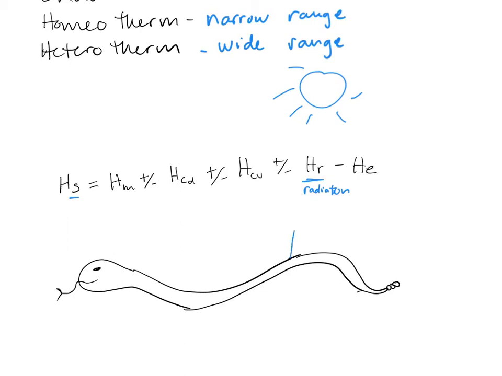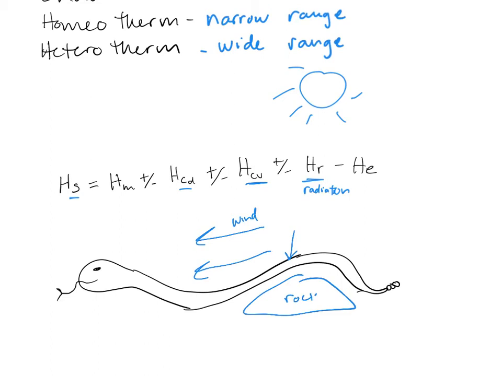So it's direct particles warming up an organism. Convection is the wind. The air is heated up, and as that passes over an organism, it can absorb or release heat. And conduction, that is touching something.